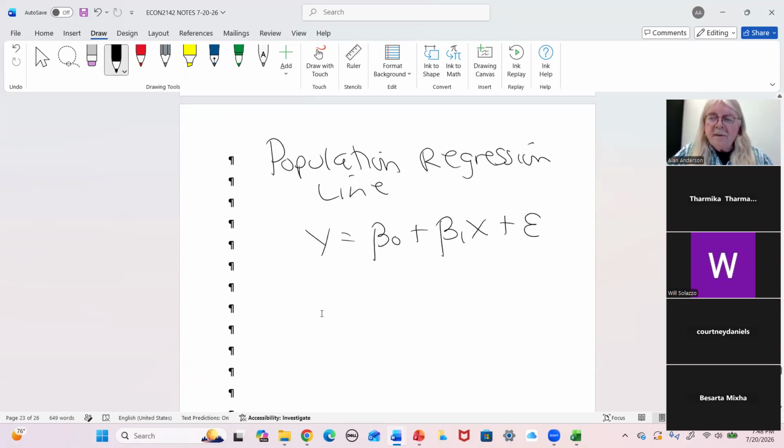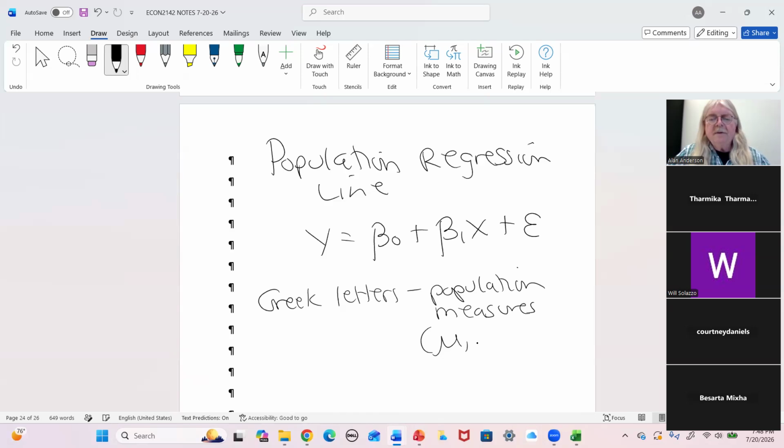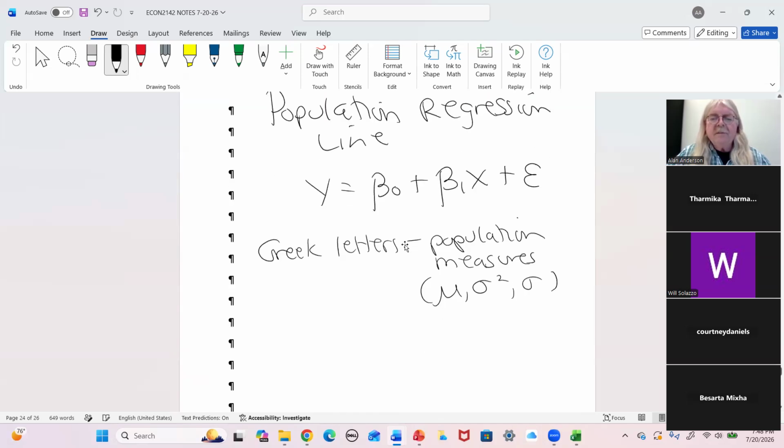Okay, now if you notice the Greek letters, remember I mentioned this a few times. The convention in statistics is that Greek letters are reserved typically for population measures, such as, some of them, mu, sigma squared, sigma, whereas the Roman alphabet, the one that we use, are meant for sample measures.